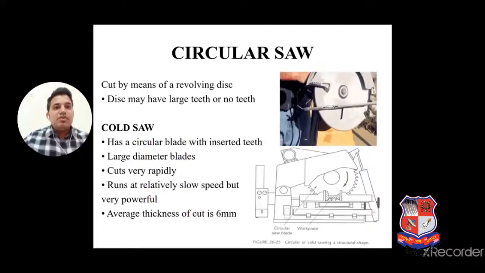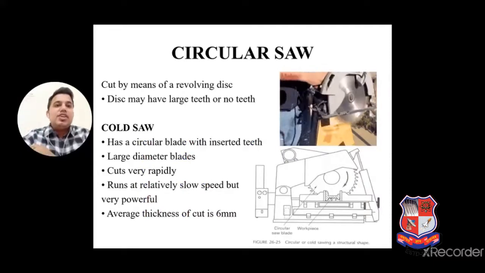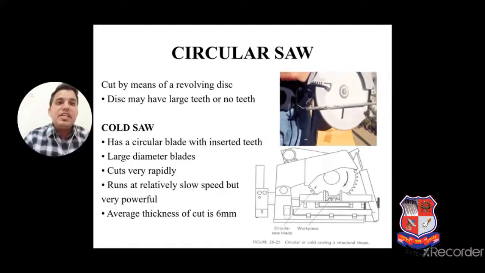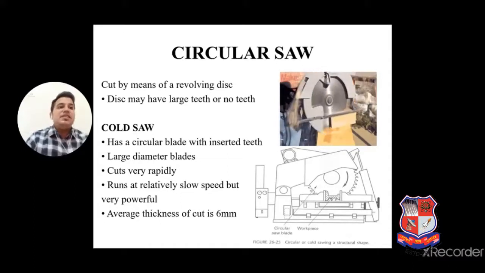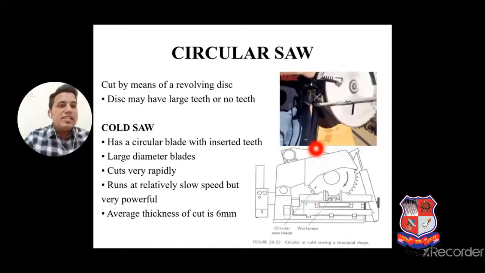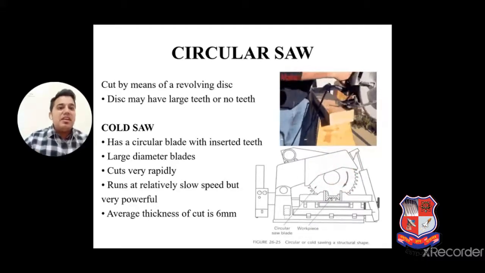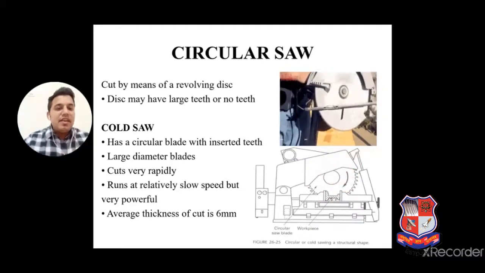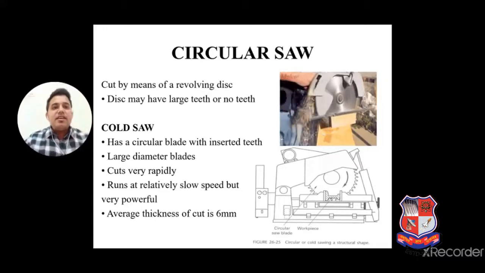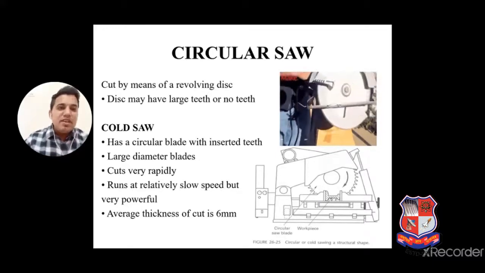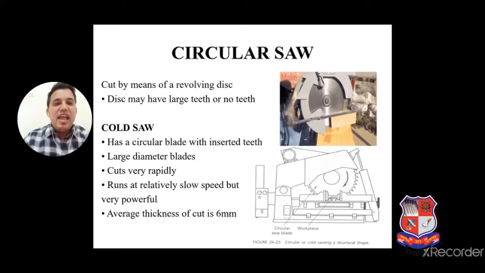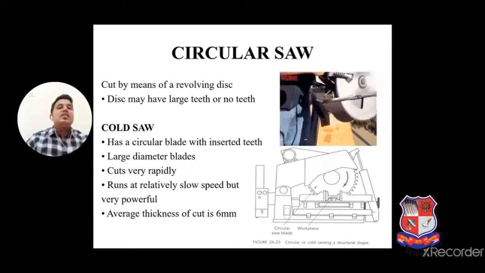You can observe here it has a circular blade with interlocked teeth, a large diameter blade. It cuts like a milling machine cutter, runs at a relatively slow speed but is very powerful, and the average thickness of the cutter is 6 mm.